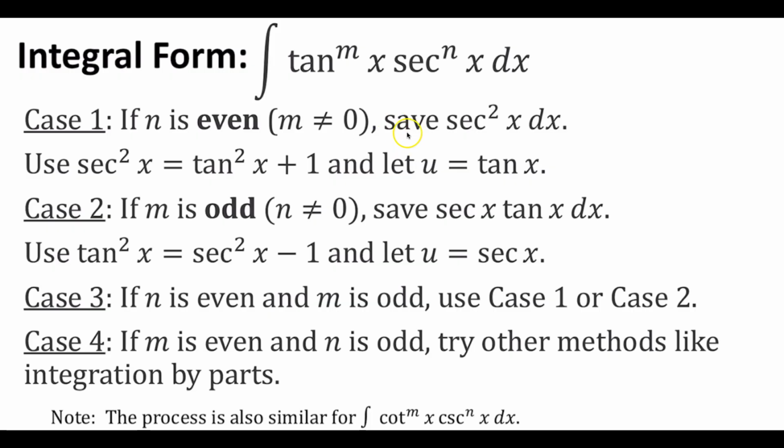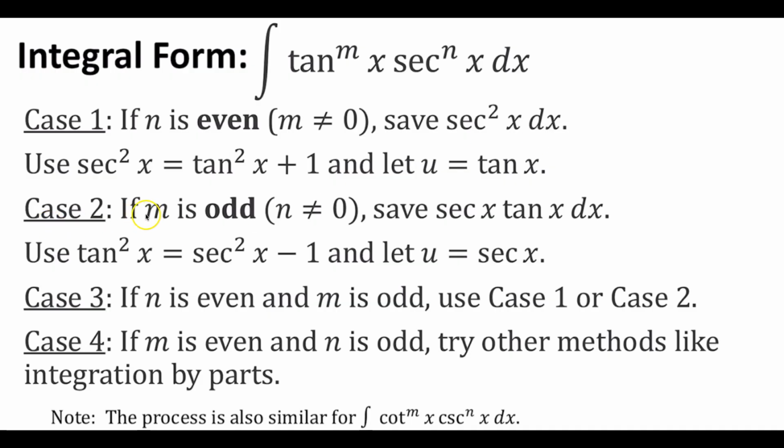What we're going to do is save a copy of secant squared x. All right, then we'll use secant squared x equals tangent squared x plus 1, the Pythagorean identity, and let u equal tangent x. So the derivative of tangent x is secant squared x. It will be a similar process to the previous integral form.